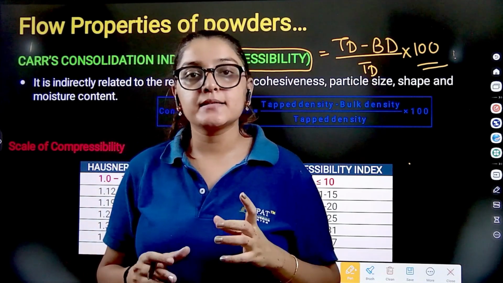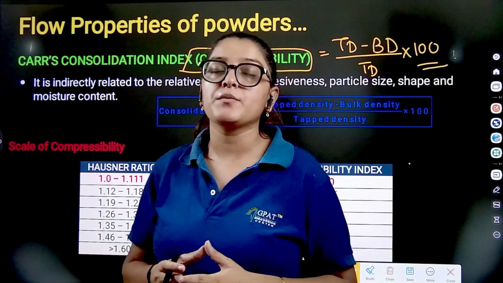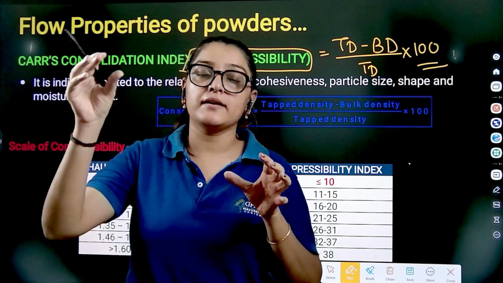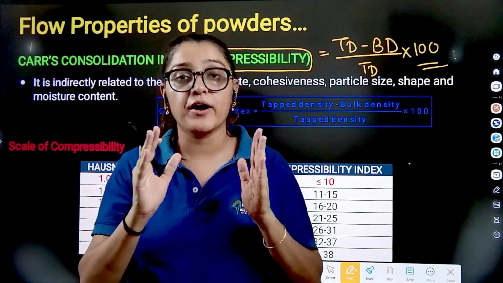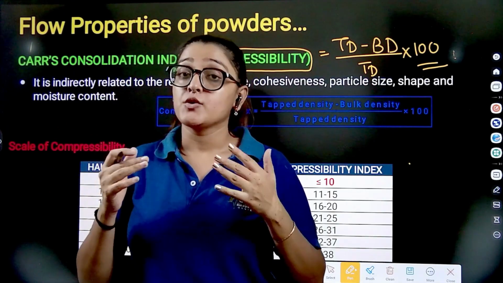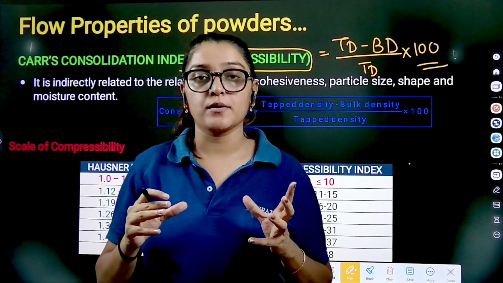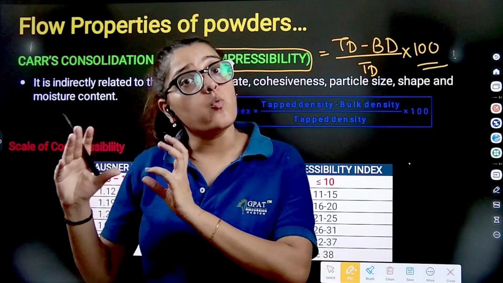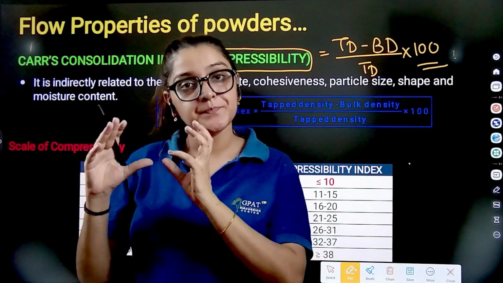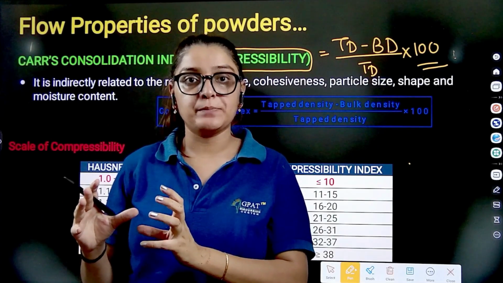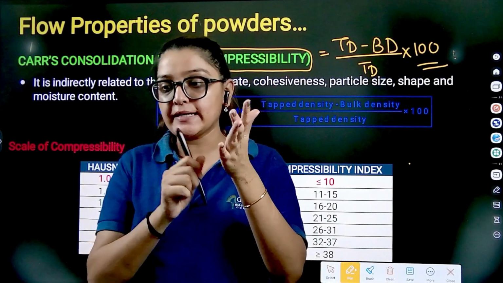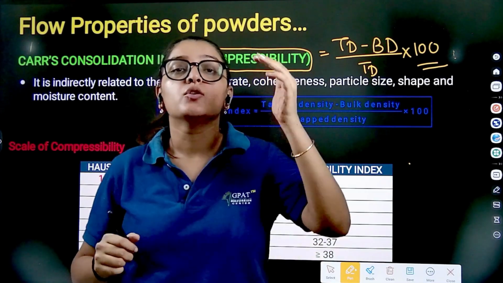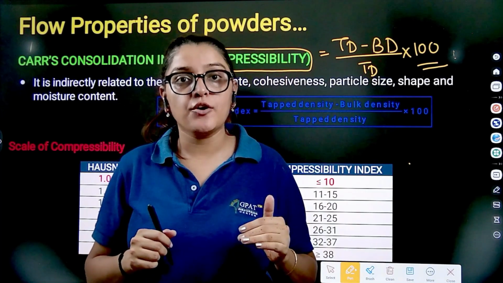Tap and bulk density, if you are confused anywhere: bulk density means the powder has just been poured, no voids have been removed. So we are not actually talking about the true volume, but the actual volume of powder plus voids; that will be the bulk density of the powder. But if you keep on tapping, this tapping motion is going to reduce the presence of voids.